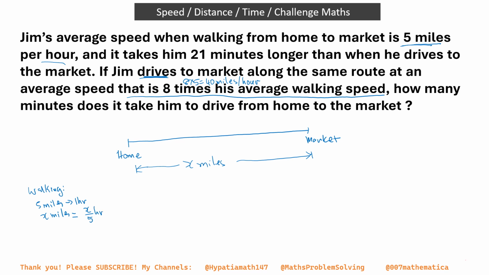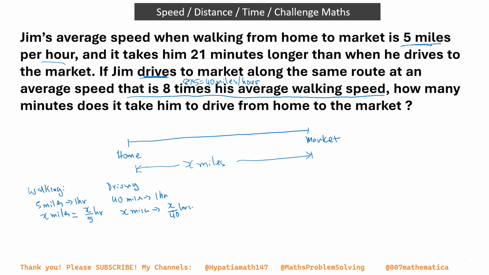And then when he is driving, the speed is 40 miles per hour because it covers the same distance. So 40 miles in 1 hour, and x miles therefore would be covered in x out of 40 hours.